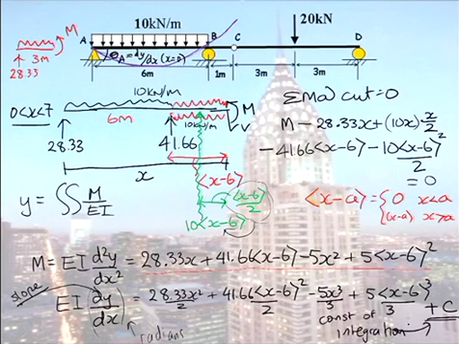So we integrate once, we get slope. Now within that beam ABC, we actually don't know anything about the slope. We don't know any value of the slope. We don't know where the slope is 0. It's not in the middle of that UDL load because it's not symmetrical. So we can't actually solve for our boundary condition.